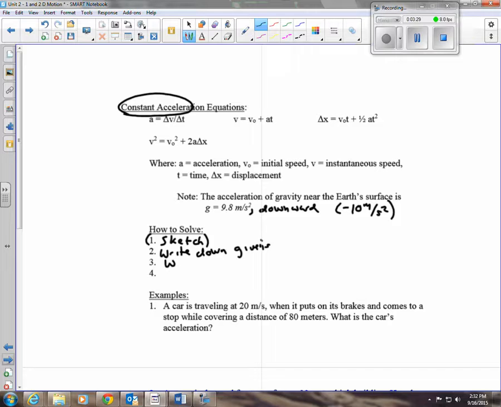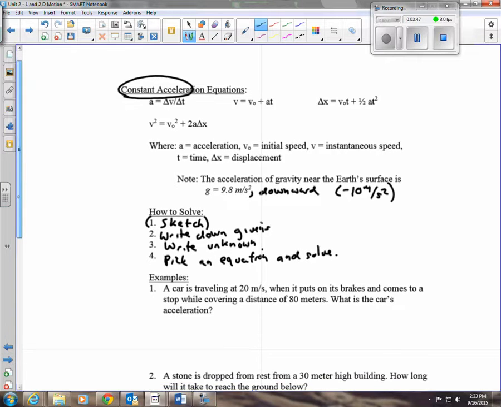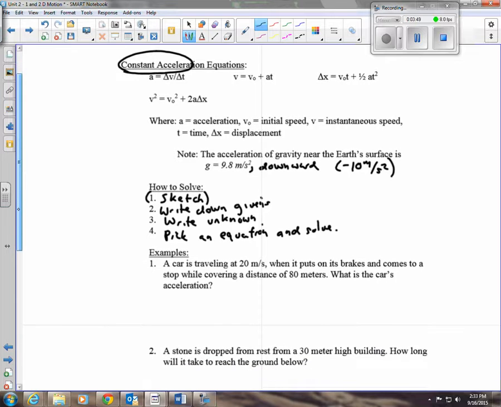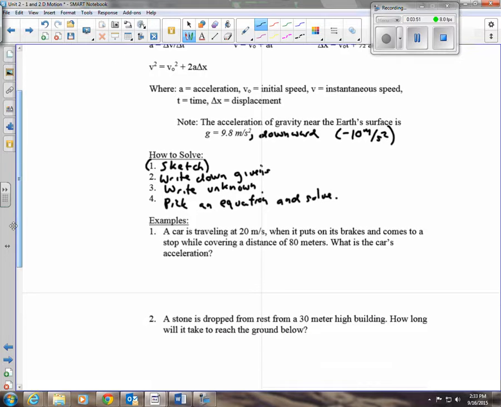Part 3, you're going to write your unknowns, or what you're looking for. And then you're going to pick an equation and solve. Where people get in trouble is they pick the equation first, and then they try to stuff what's given in the problem into the equation, and they make a mistake.